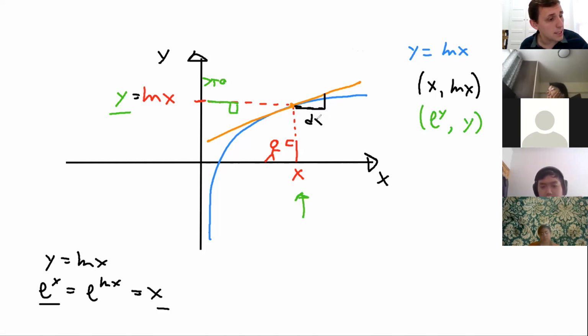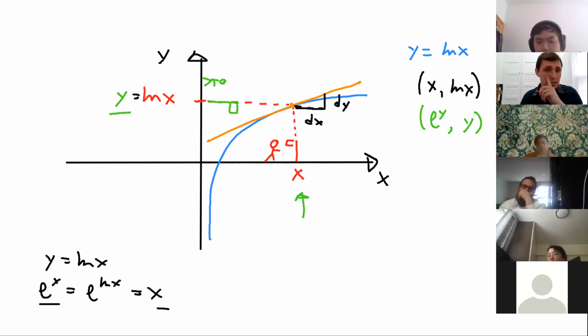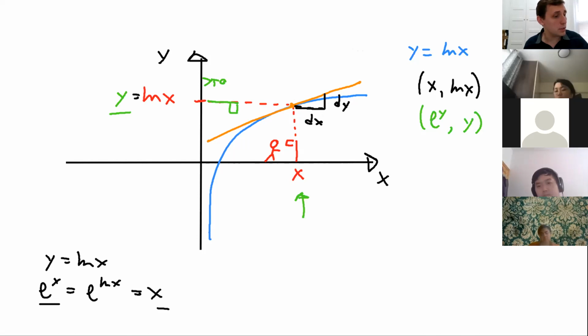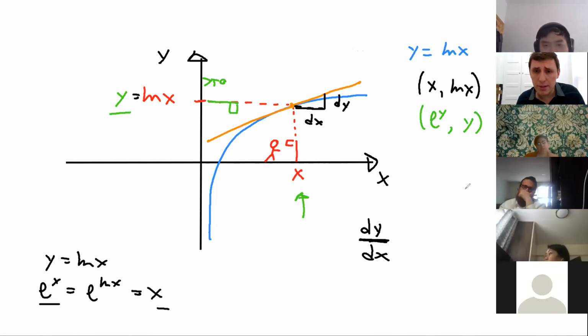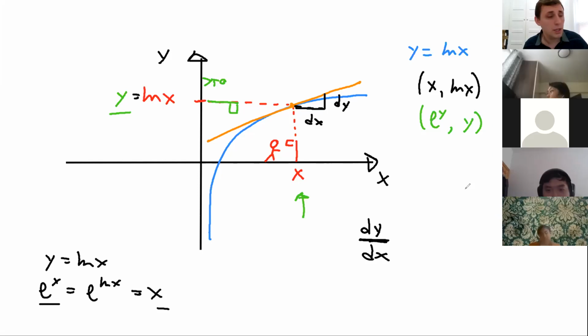So this is dx and this is dy. dy is the rise and dx is the run. So I am just interested in calculating dy/dx. But dy/dx is not the easiest thing to calculate, because this curve is more familiar to me from this perspective.